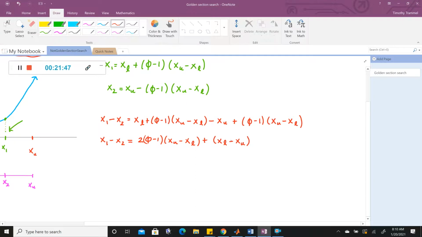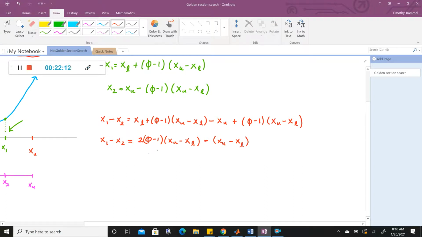Let's say we wanted those to be in the same order, x upper minus x lower instead of x lower minus x upper. We could factor out a negative here. I should change this to x upper and this to x lower.